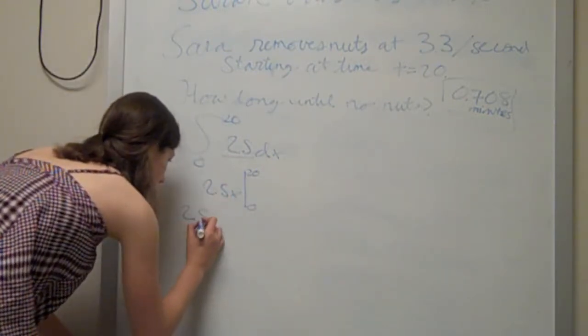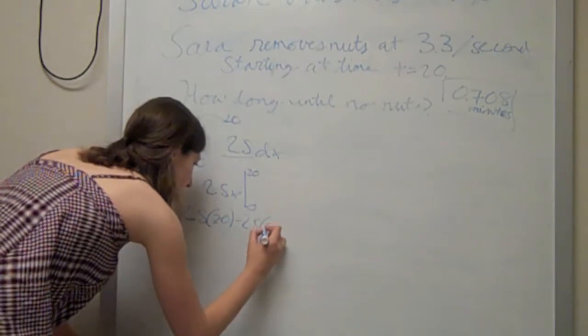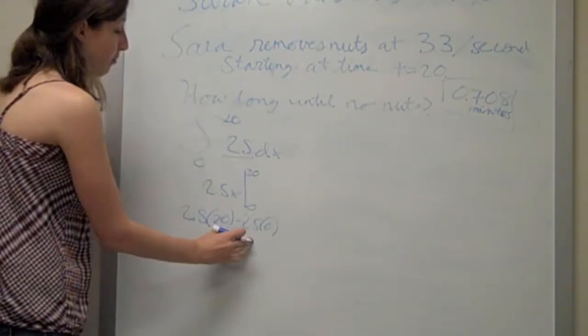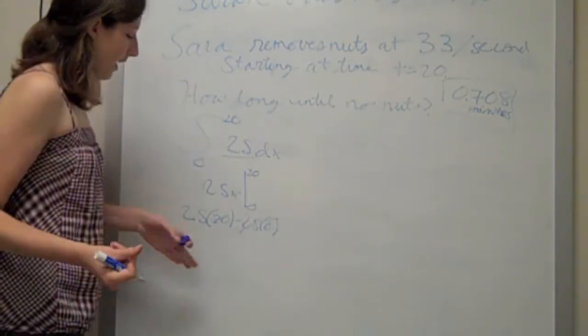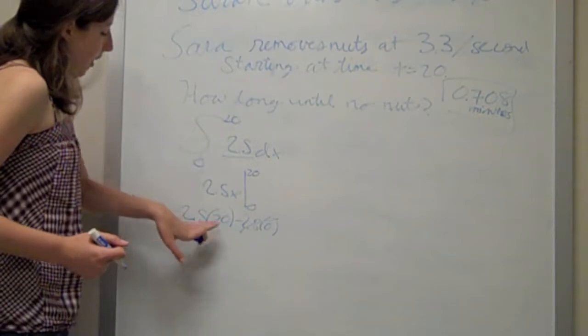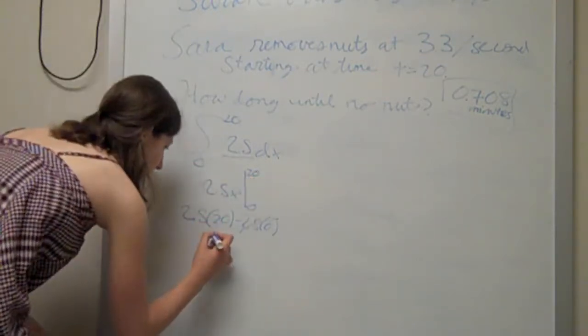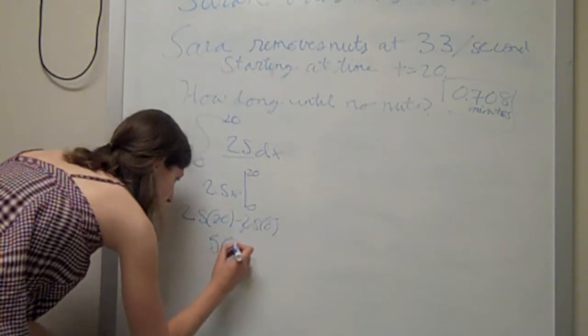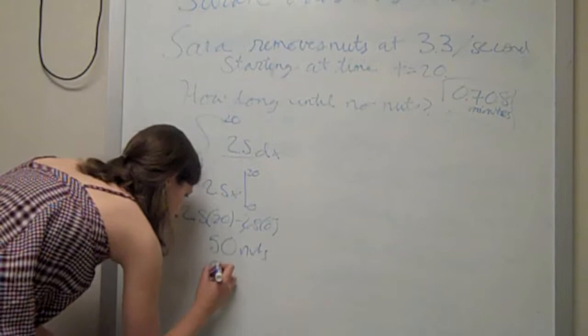So it's 2.5 times 20 minus 2.5 times 0. And this term, because we're multiplying by 0, is just 0. So we're going to cross that out because it doesn't really matter. But this term shows us that the number of nuts at time 20 is 50. So at time 20, there are 50 nuts.